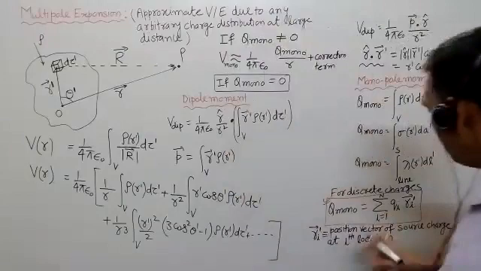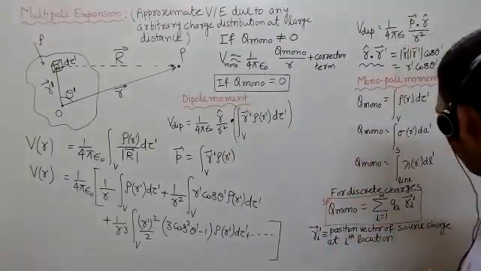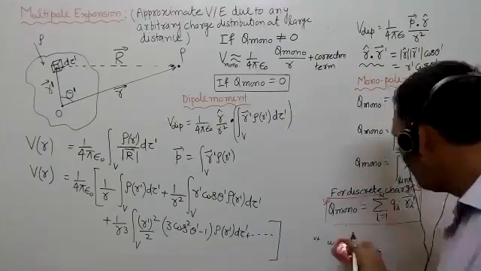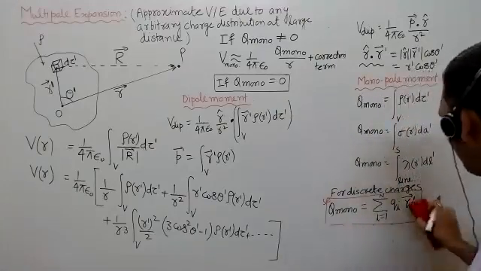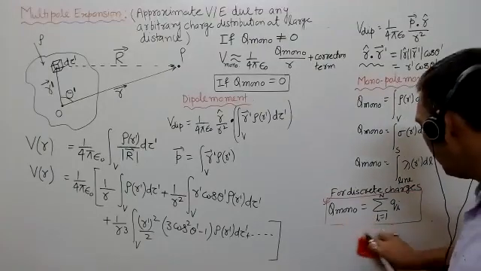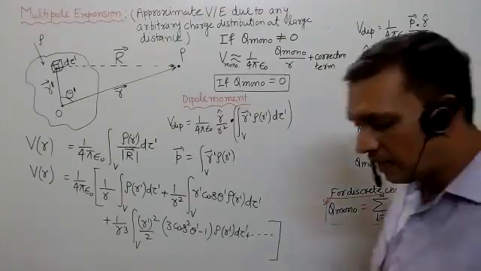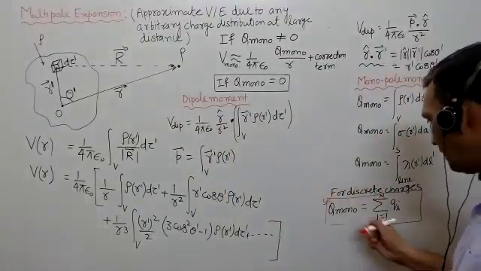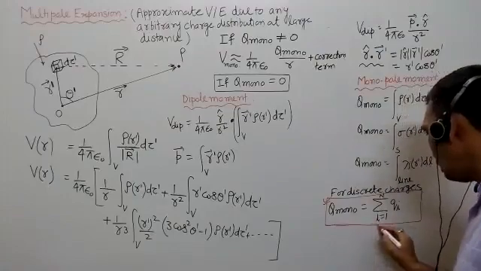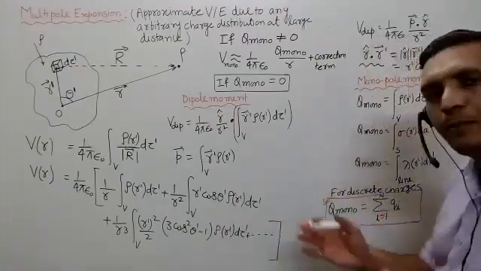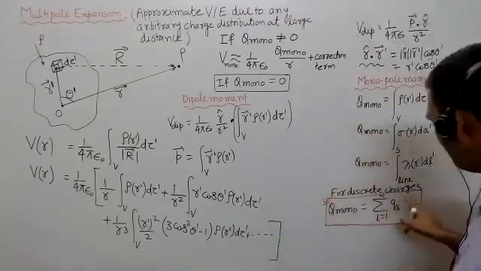In this case, let us see, this Q monopole, just make this correction. I have written here dipole moment, it's not a Q monopole. Just make this correction. Q mono is only the total charge of the configuration, so that is simply the sum of the charges.